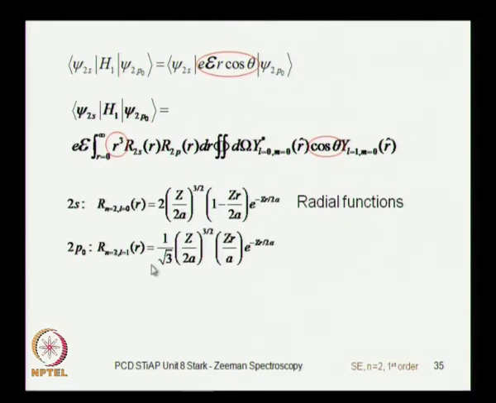You have their explicit form from the non-relativistic Schrodinger equation for the hydrogen atom. So you put the explicit radial integrals over here and determine this radial integration and the corresponding theta and phi integration. The phi integration is non-zero for m equal to m prime.